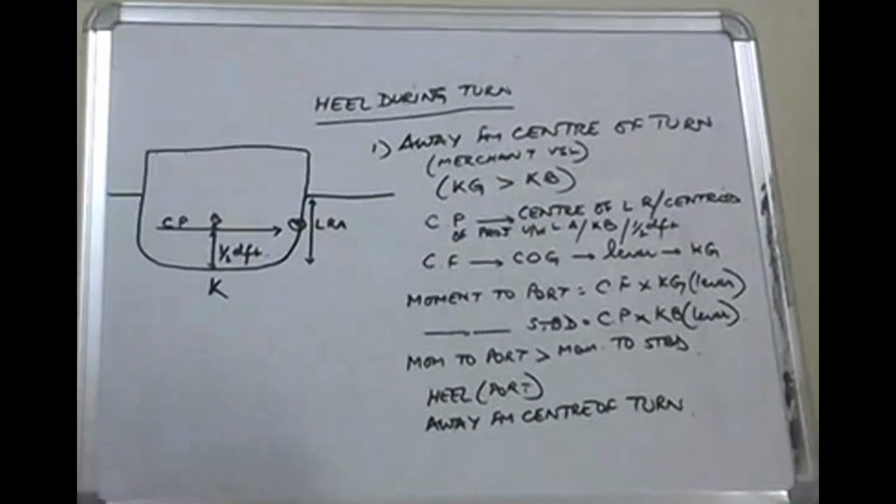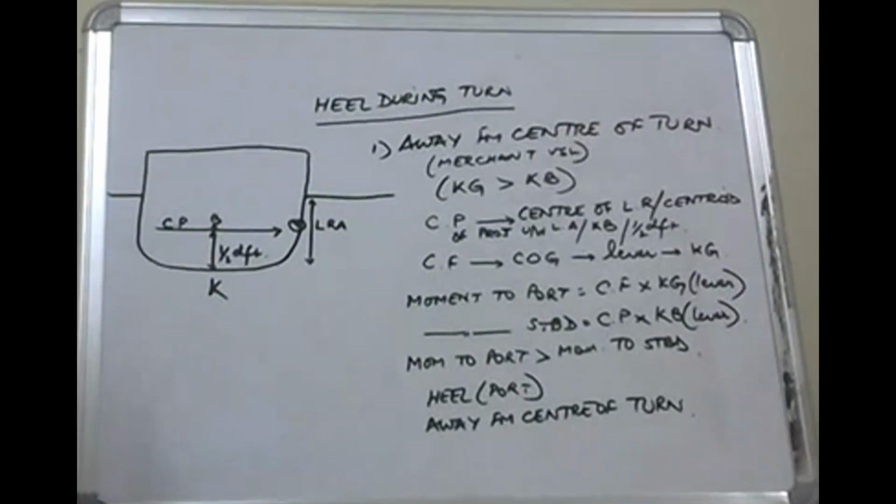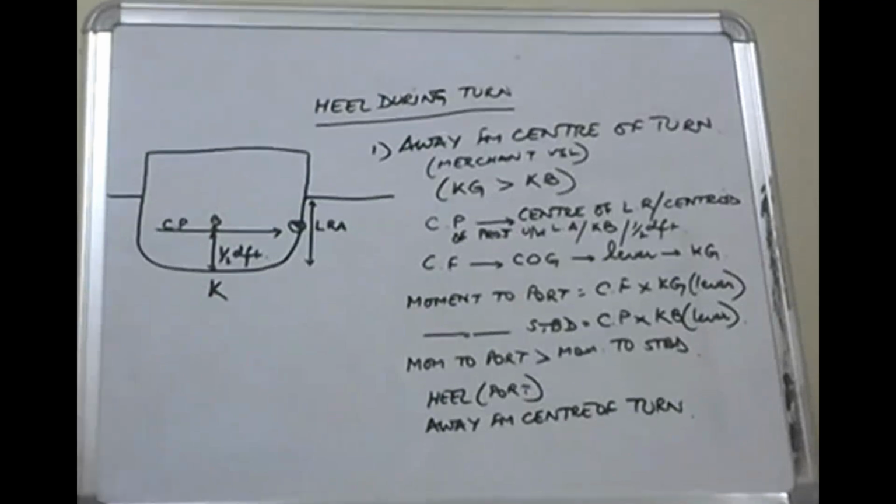So in other words, centripetal force is acting through half the draft or KB.